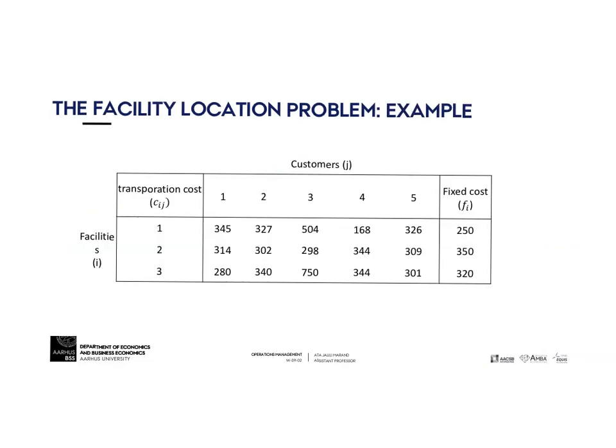Here is the example we used in the Excel screencast to explain how to solve the facility location problem. Here we have the transportation costs, all these numbers, and then we have the fixed cost for each facility.